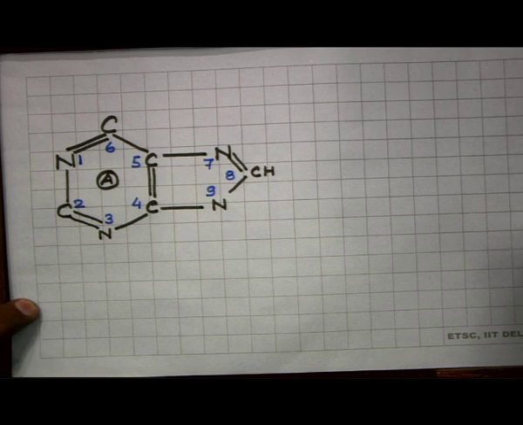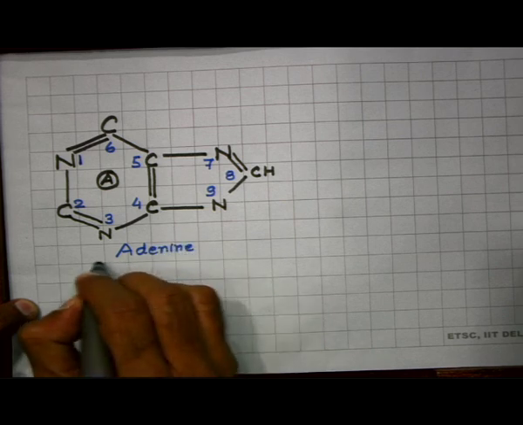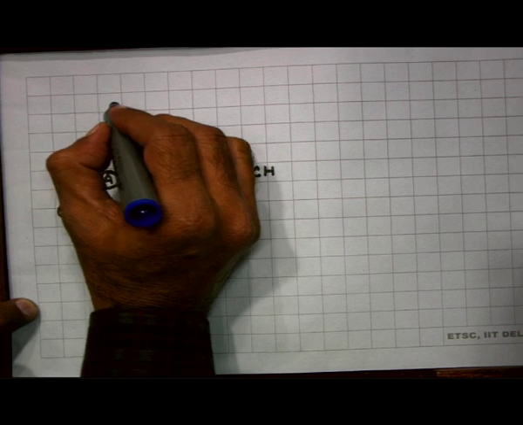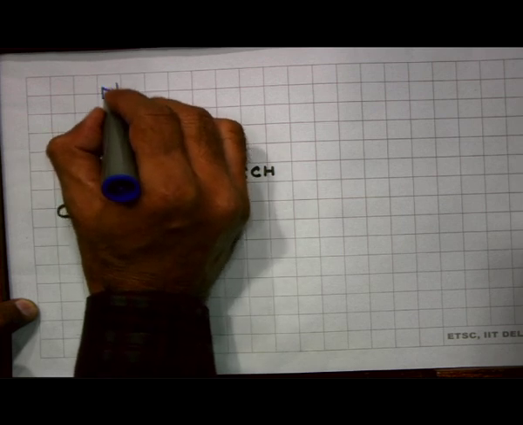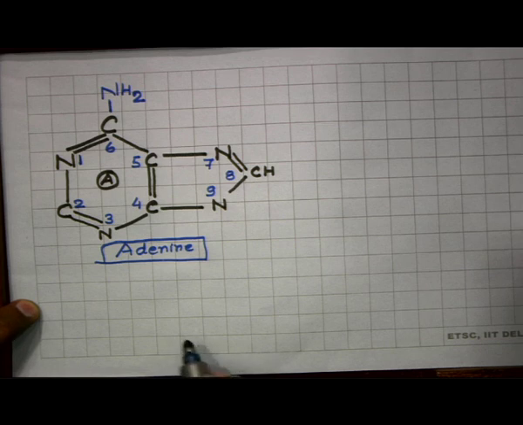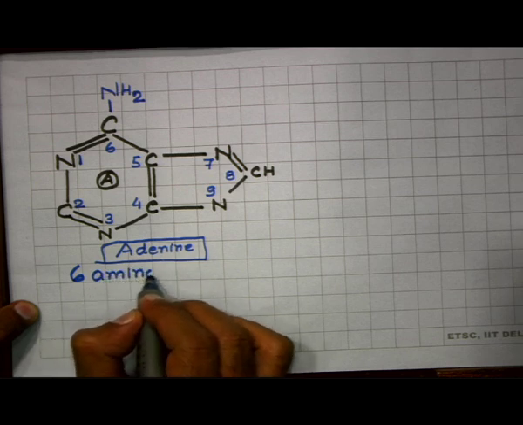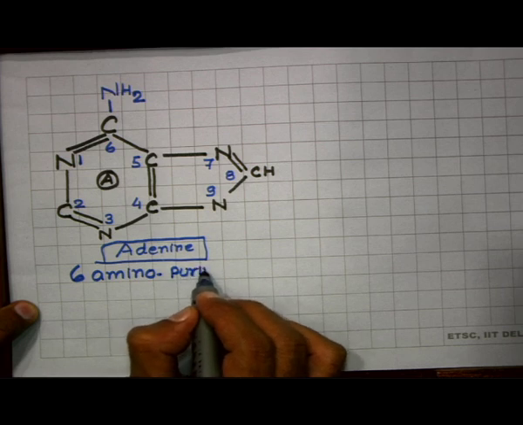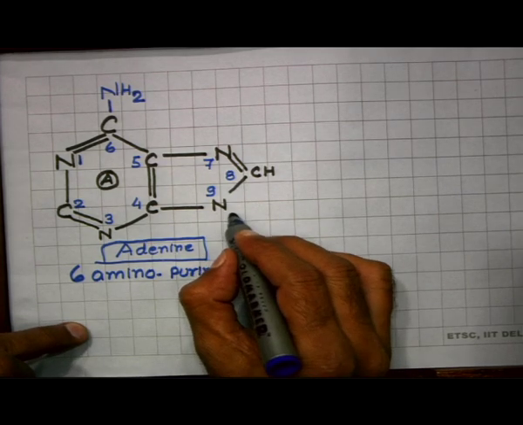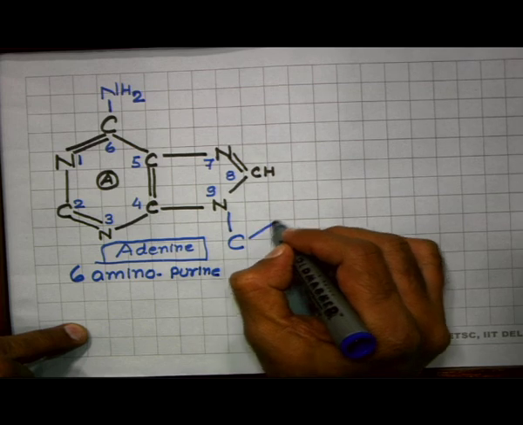So, adenine molecule has 9 atoms in this sequence, and at 6 carbon there is the amino group. So, we can say adenine chemically is 6 amino purine. And at the 9 atom, the ribose sugar is attached.